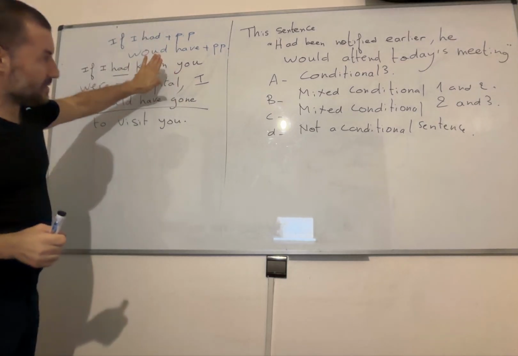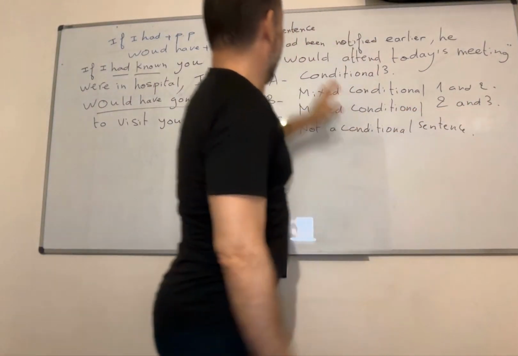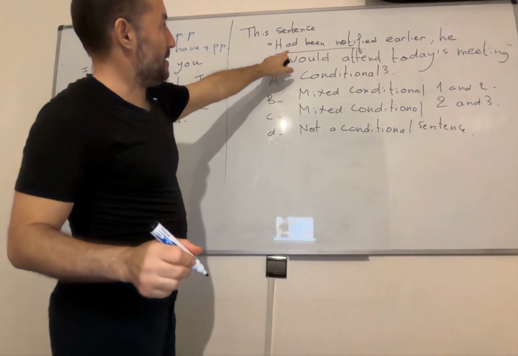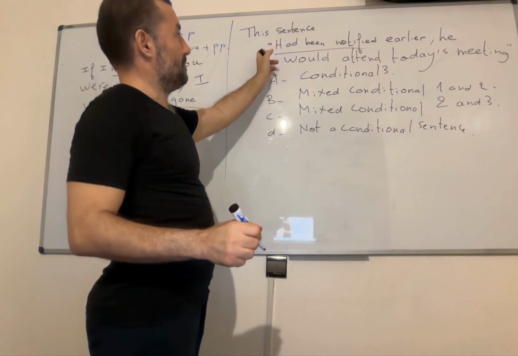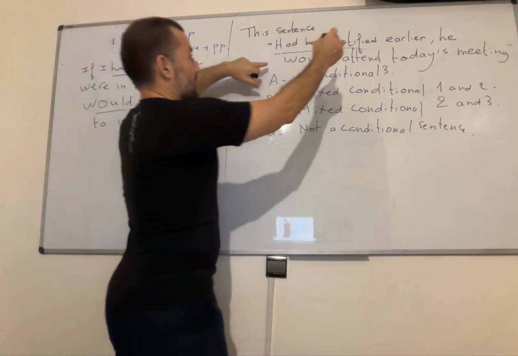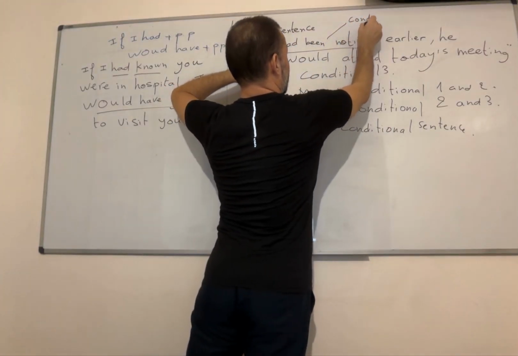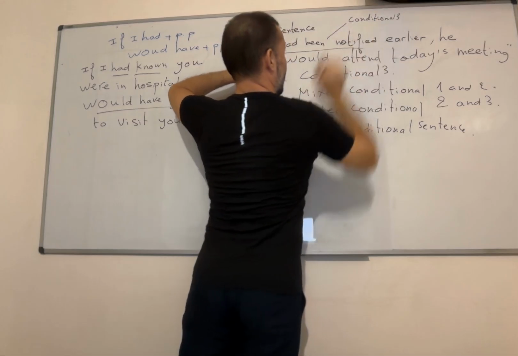That's conditional 3. And here we have had been, it's the same as if I had been. So if I had been notified, this part is conditional 3.